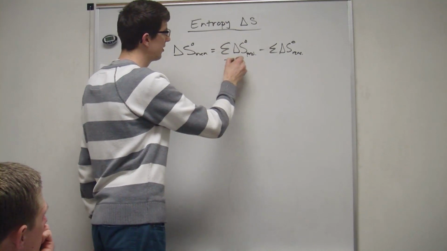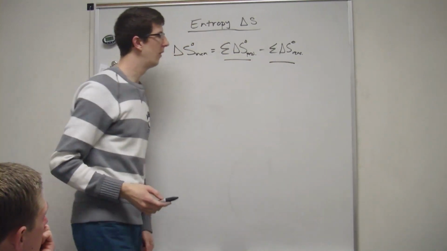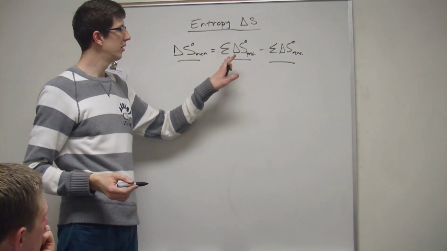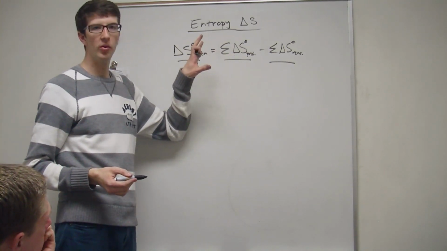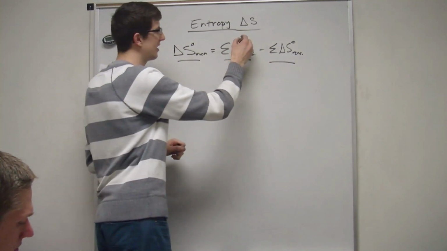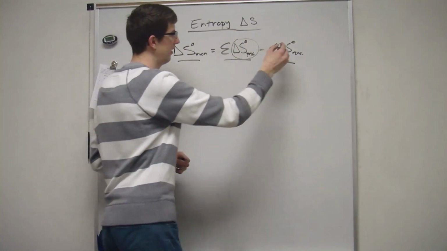So these numbers are found through a table that someone has given you.